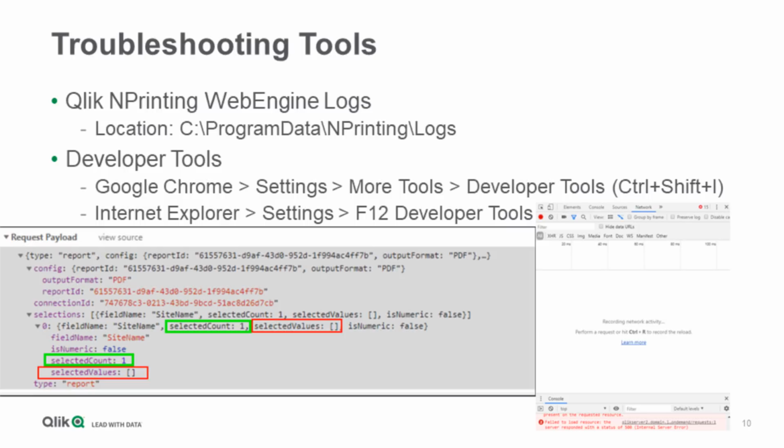And then when you drill down to the request payload, this will show you the discrepancy where there is a selected count, but there's no values available to run the report. So these are just two different items you can use for troubleshooting if there are any error messages coming back from the button that you had just configured.